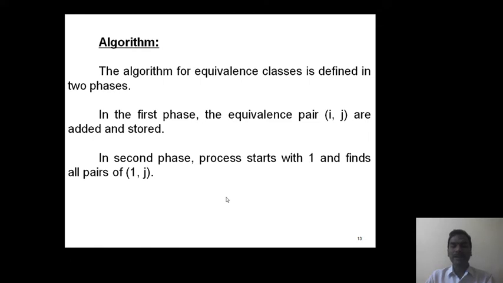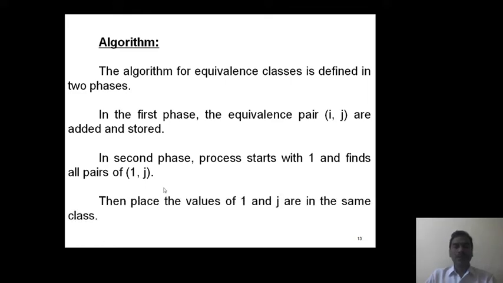In the second phase, the process starts with 1 and finds all pairs that are related as (1, j). The values of 1 and j are placed in the same class. In such a way it is possible to identify equivalence classes.